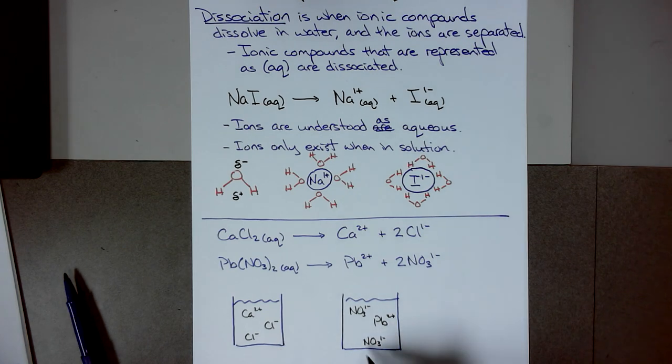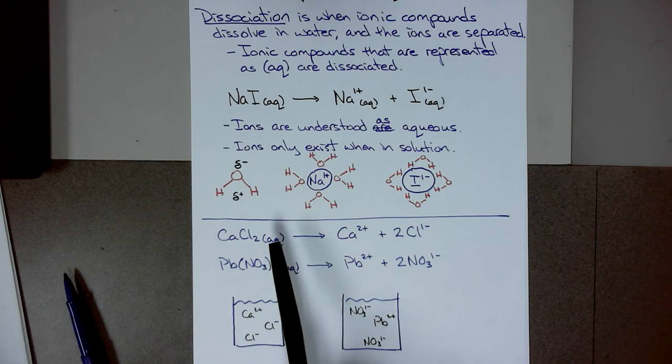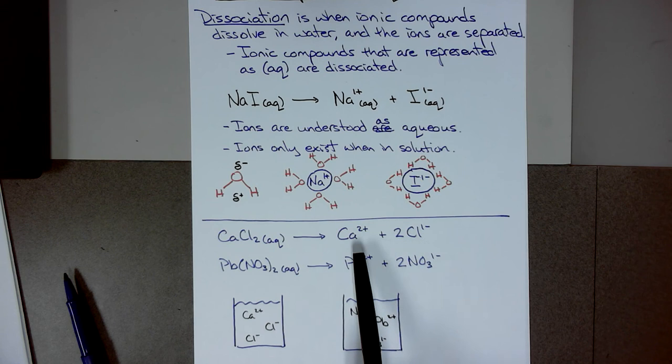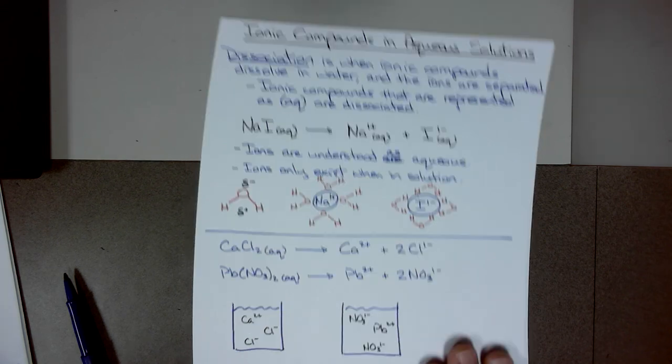Now we're not showing the water molecules, but you have to understand that water molecules are surrounding each one of these ions and dissociating them from each other, keeping them separated. So it's very important to understand that whenever we see aqueous with an ionic compound, you must think of the separate ions.